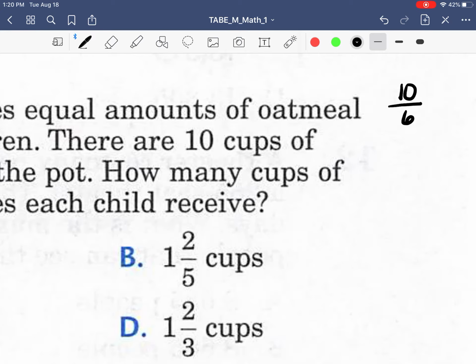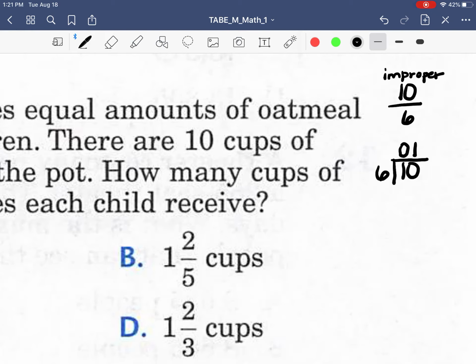Now, those of you with the calculator, you can put it in right there, and you've got it. If you don't have the calculator, you have to take this improper fraction and do the long division on it. Remember what the title of this lesson is. It's relating fractions to division.